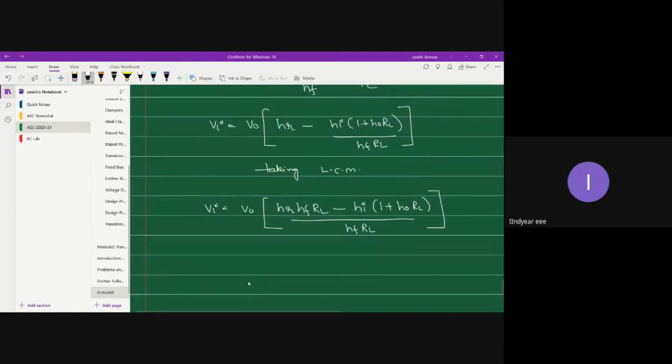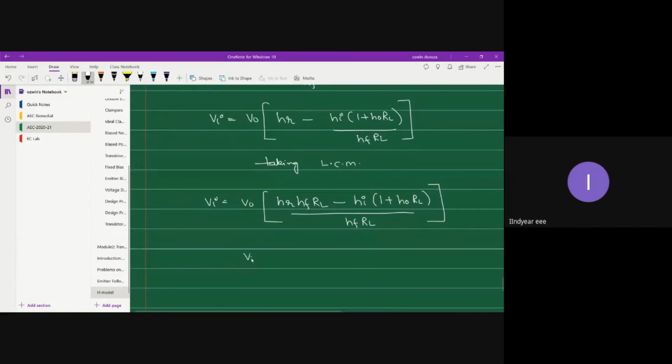Or you take out the ratio V naught by Vi. That ratio is defined as Av, and Av is equal to, you can just take the reciprocal, Hf RL divided by Hr Hf RL minus Hi into 1 plus Ho RL.